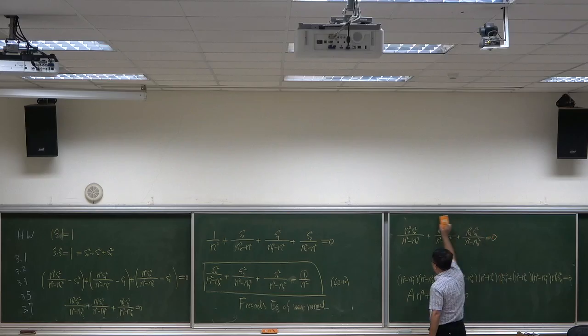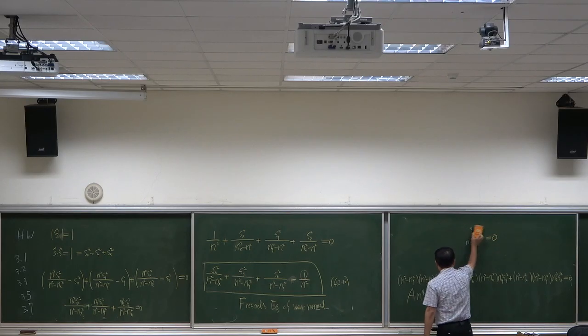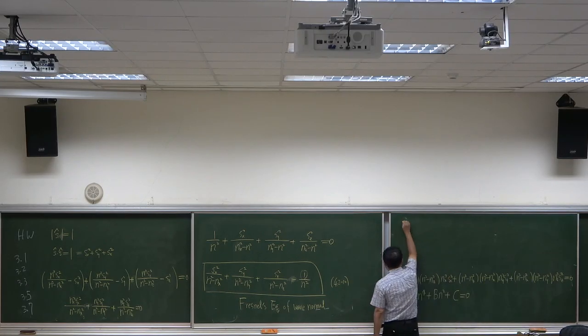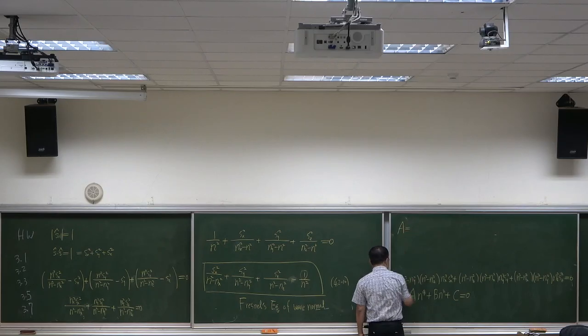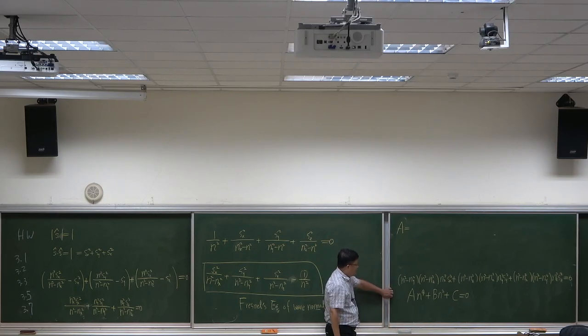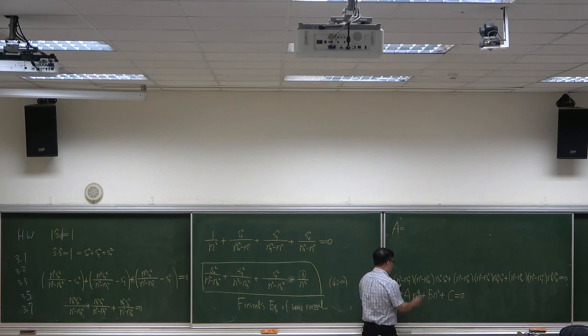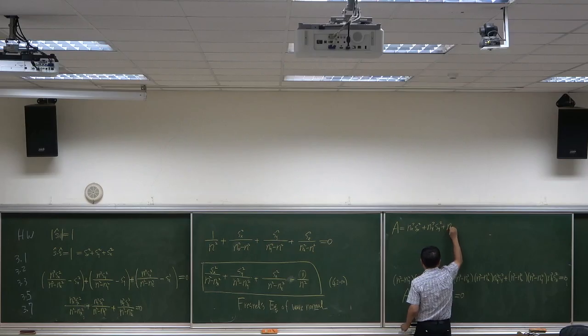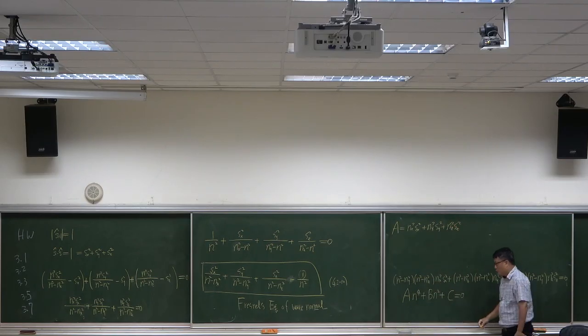In fact, I can write down the three coefficients. What is the coefficient A? A is nx squared sx squared plus ny squared sy squared plus nz squared sz squared. This is the coefficient A.